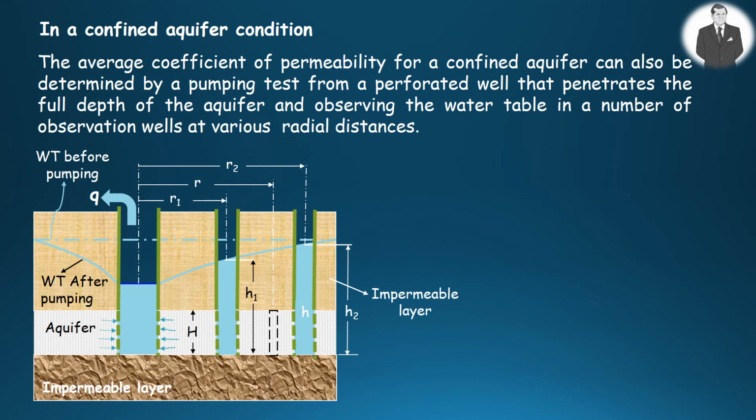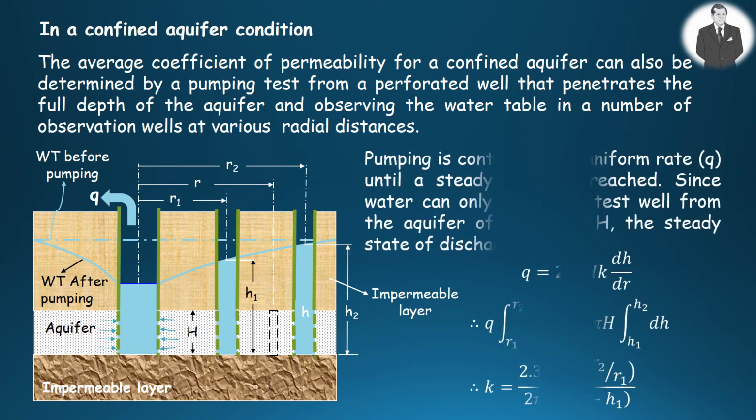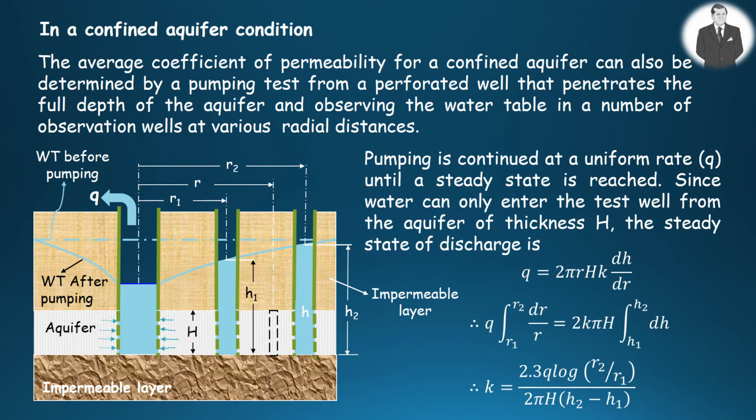As mentioned before, the pumping test can also be conducted under a confined aquifer condition to determine the average coefficient of permeability. Pumping is continued at a uniform rate until a steady state condition is established.